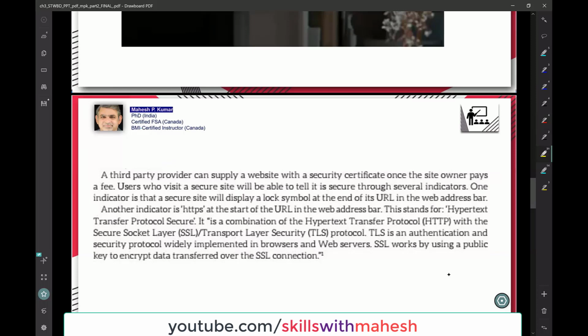So what we have seen is, look, put it this way, now I am simplifying it. We have set up a website, right? And we have to make sure that our website is safe.